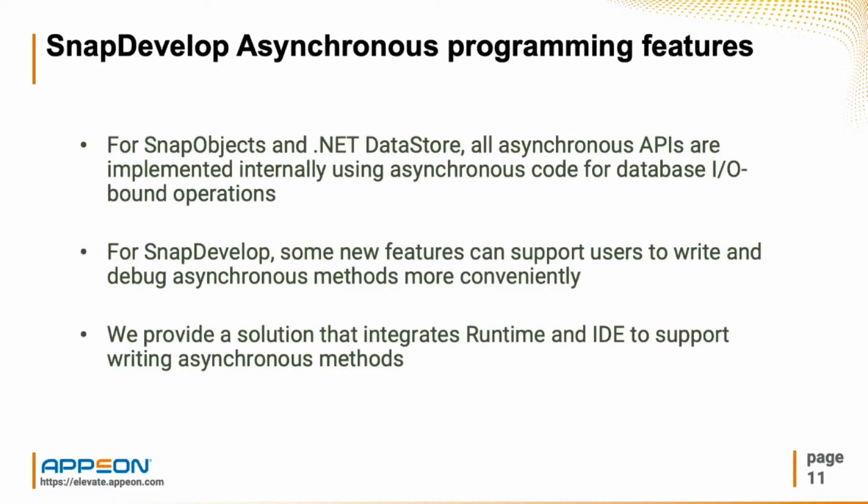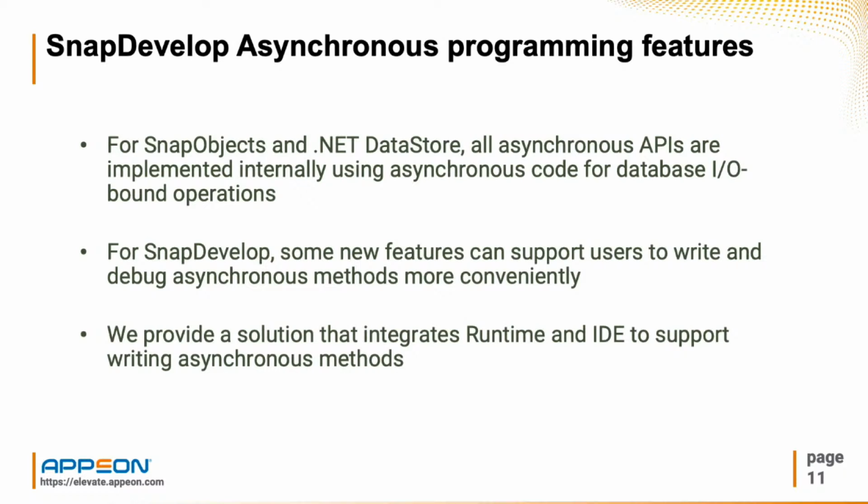Let's now talk about the new asynchronous programming features in SnapDevelop. For the runtime, SnapObjects and .NET DataStore, all asynchronous APIs are implemented internally using asynchronous code for database input-output bound operations. And we'll take a closer look into that in the demo.